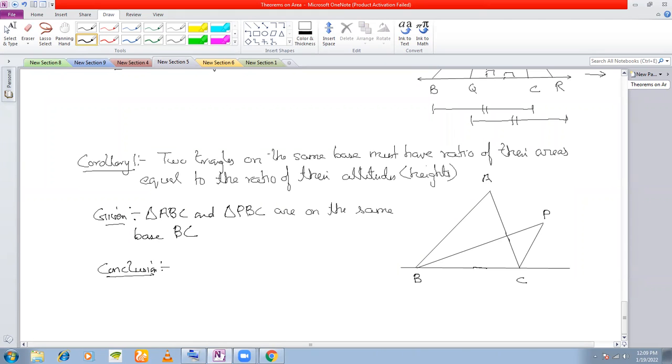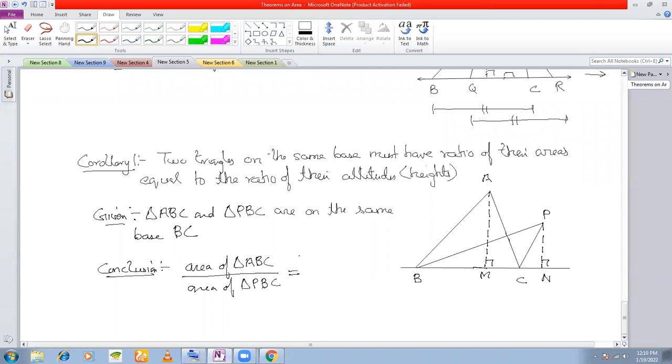Your conclusion will be, if I draw the altitudes from here, the heights of the triangles, let us call them M and N. Then you can say the ratio of the areas, that is area of triangle ABC divided by area of triangle PBC, must be equal to the ratio of their altitudes.